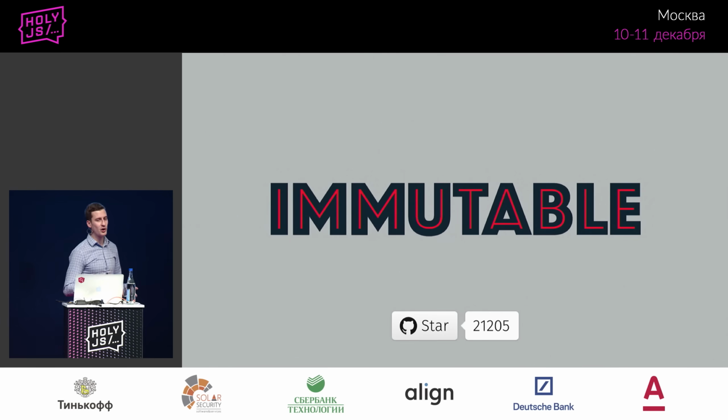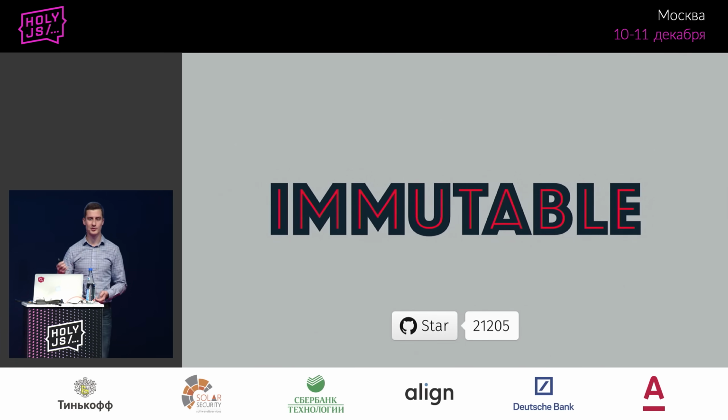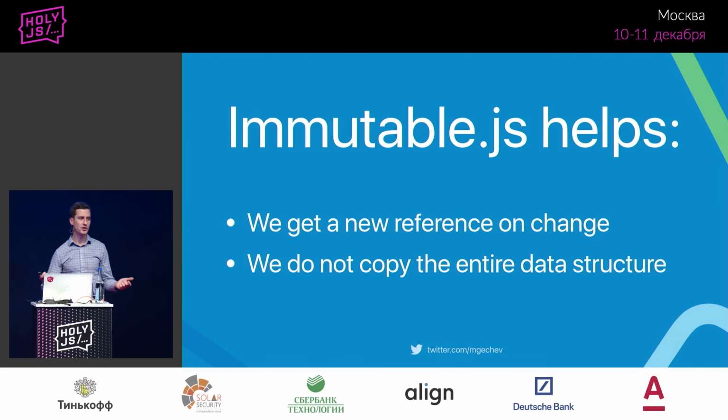However, we can use something more efficient in terms of both aspects. We can use something like Immutable JS. It's a collection of different immutable data structures where we get two very important properties. We cannot modify any of the existing instances of the data structures.